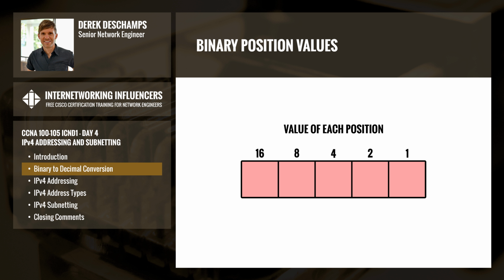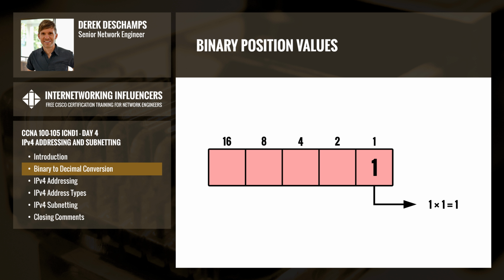The second position has a value of 2 times the first position, giving it a value of 2. The third position has a value of 4. The fourth position has a value of 8. The fifth position has a value of 16, and so on.